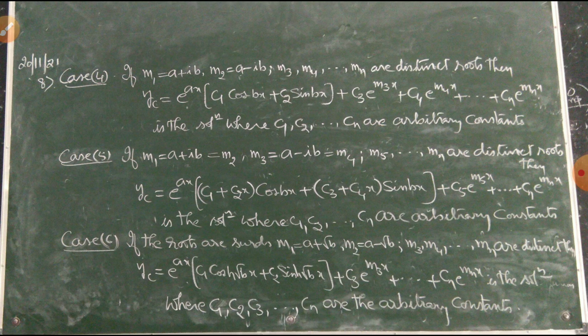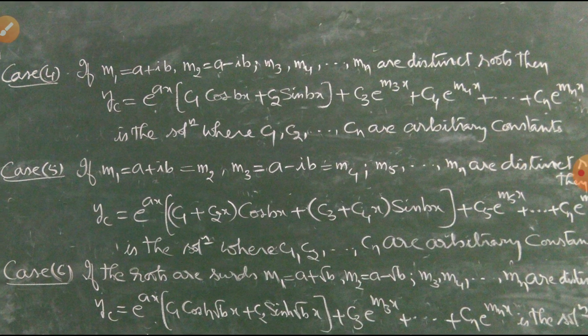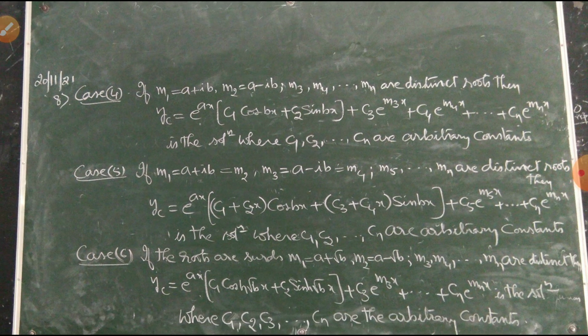Suppose m1 and m2 are complex roots, and m3, m4, etc., mn are distinct roots, then the complementary function yc is given by e^(ax) (c1 cos bx + c2 sin bx) + c3 e^(m3 x) + c4 e^(m4 x) + and so on + cn e^(mn x) is the solution, where c1, c2, etc., cn are arbitrary constants.